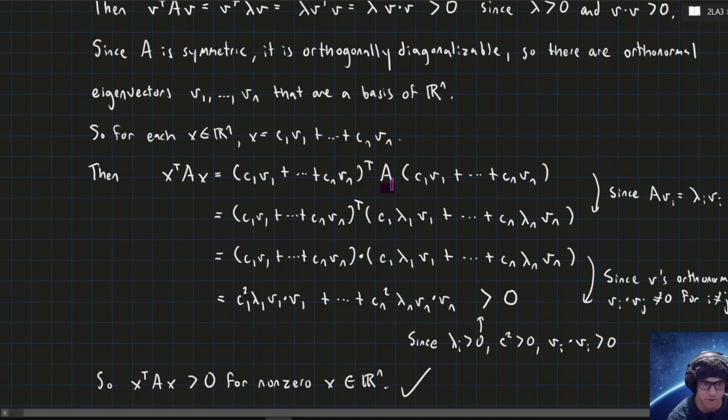So I'll get A times C1 V1. But since A times V is equal to lambda times V, this becomes C1 lambda V1 just by the eigenvector equation.